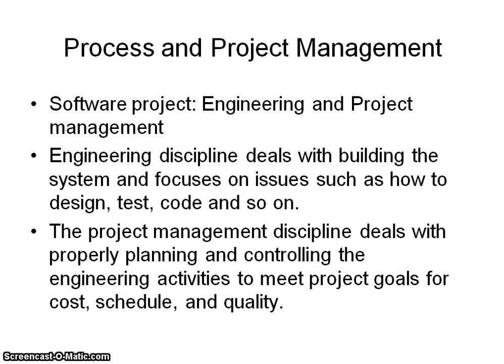The project management discipline deals with properly planning and controlling the engineering activities to meet project goals for cost, schedule, and quality. If a project is small, it can be executed somewhat informally.